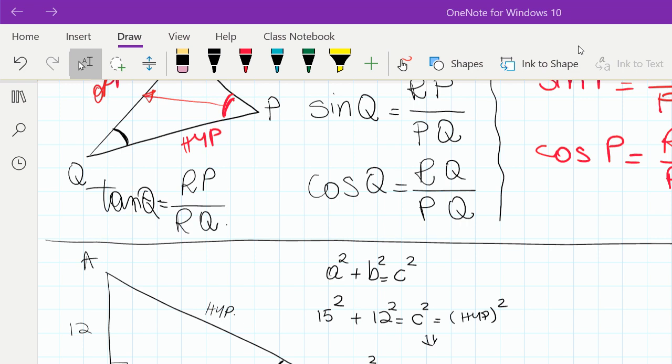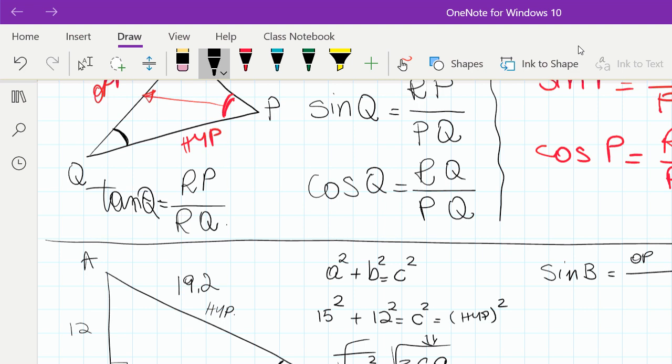Using the calculator, you will find that c squared is equal to 369. And the square root of both sides will give you 19.2. I will keep it to one digit after the decimal point for now, but you can do whatever you want. So the hypotenuse now is 19.2 units.